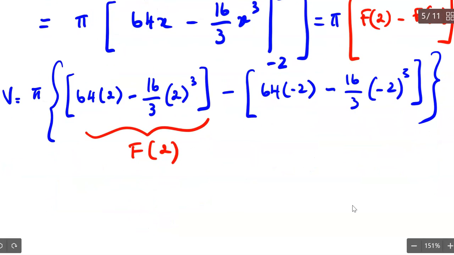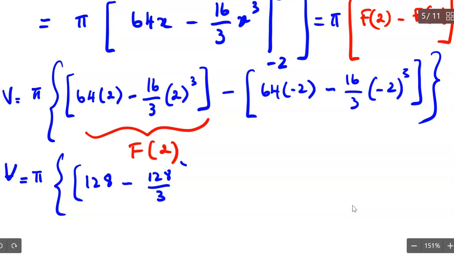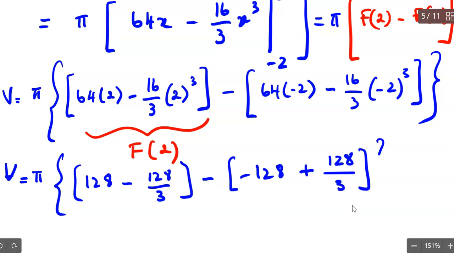Okay, so now volume equal to pi. This I should have 128 subtract 128 over 3 subtract -128 and plus 128 over 3. Okay, so this is my f of -2.